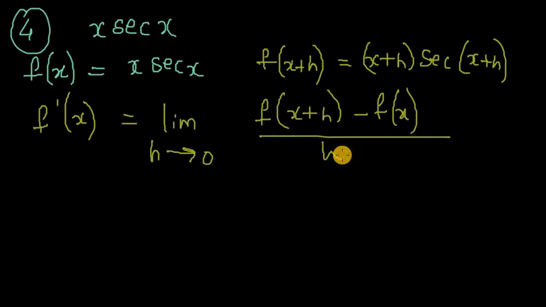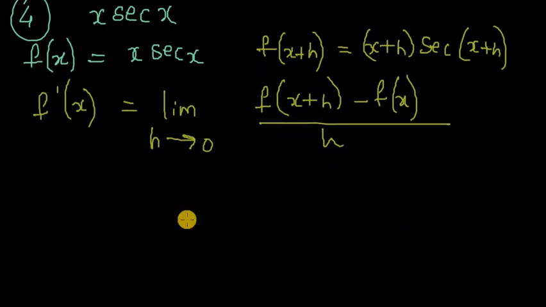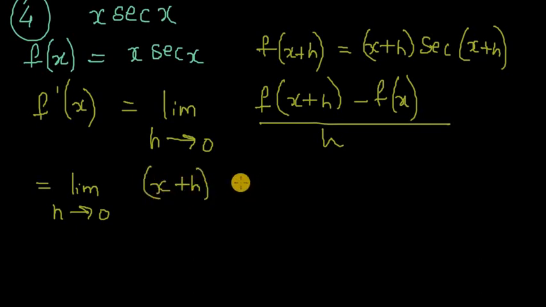So first step, put the value of f of x plus h and f of x, then try to eliminate h. That will be limit h tending to 0 of x plus h into sec of x plus h minus f of x, which is x into sec x, upon h.